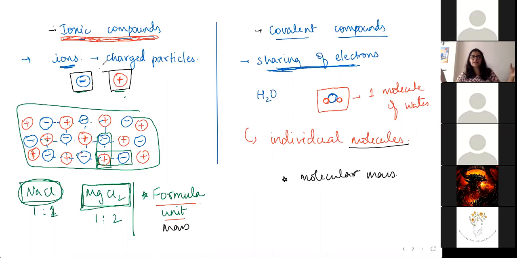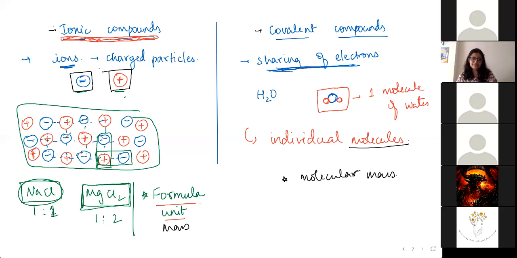Like charges repel, unlike charges attract. So negative and positive are unlike charges, and it's because of their attraction that ionic compounds form. It's not a single negative and a single positive. It's always a whole network, put together, that is an ionic compound.